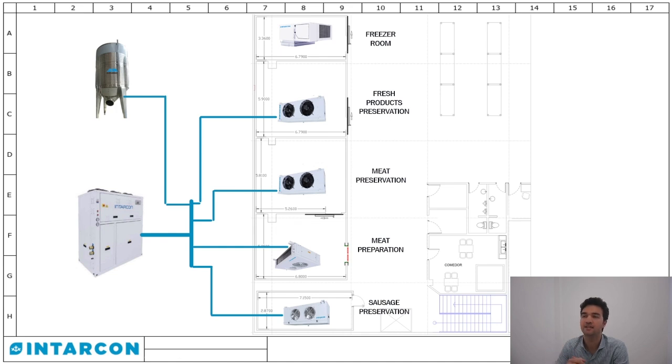On the other hand, the freezing chamber will have a compact unit installed, as you can see. All the air coolers in the positive chambers and the cooling tank will be hydraulically connected to a glycol chiller. The tank will keep the grape juice at 10 degrees and it will be placed next to the building.